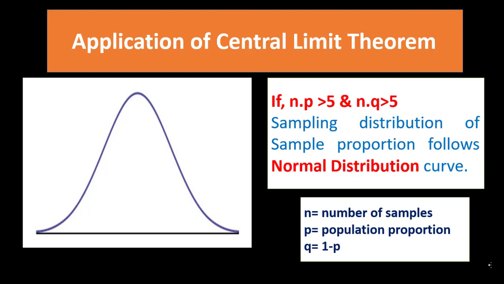So this would be the curve of the sampling distribution of sample proportion. Let us denote the mean of the sample proportion by mu p hat and the standard deviation by sigma p hat. Now what is the value of the mean and standard deviation for this curve?